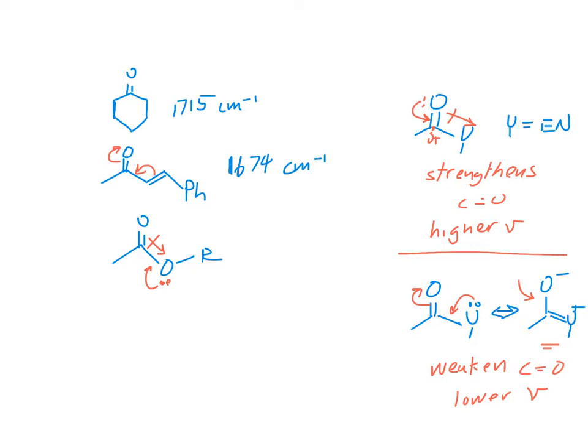For esters, the electron withdrawing is stronger than the electron donating. So this is going to strengthen, right? So this goes up to 1750 to 1735. Right? Of course, if you added conjugation, it would go back down, right?